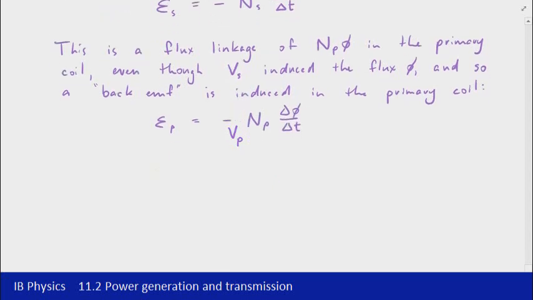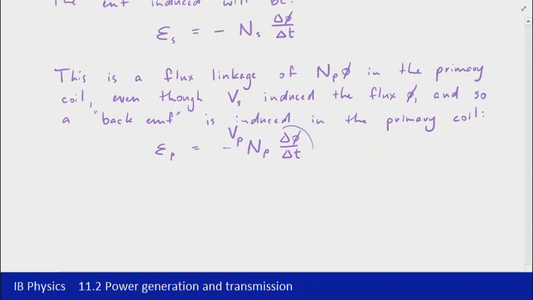Now, what you will hopefully notice is that both of these terms have the same rate of change of flux, so delta phi and delta t. So we can equate these two together.